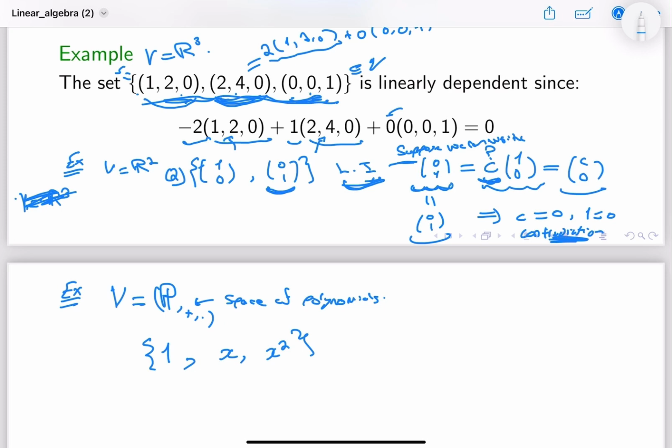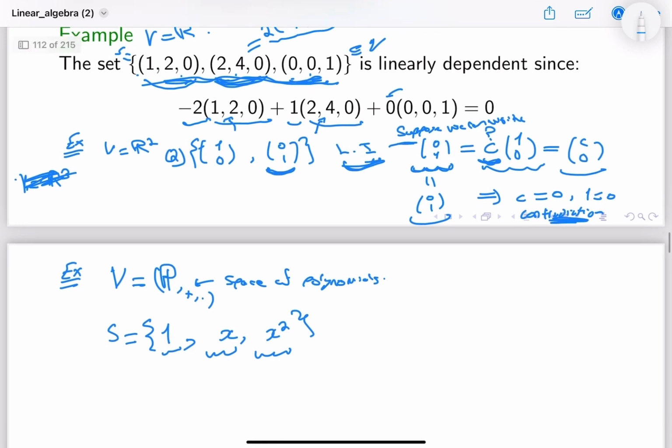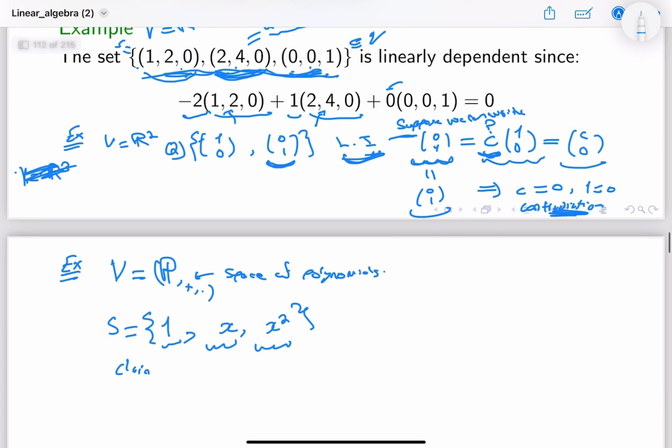So we're taking the constant polynomial 1, then the polynomial p of x equals x, which is of degree 1, and the polynomial p of x equals x squared, which is of degree 2, and let's call this set S. And I claim that S is linearly independent.